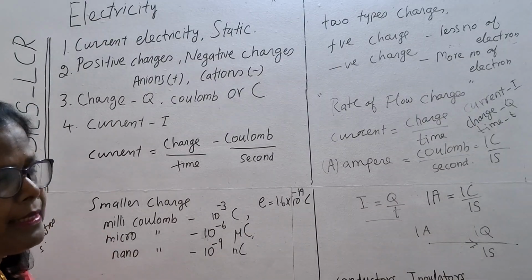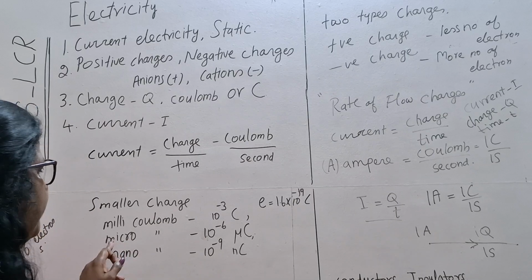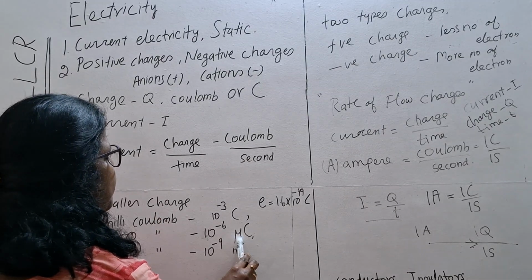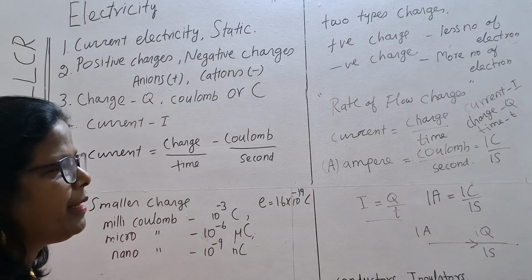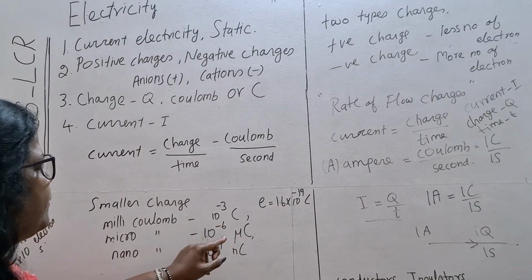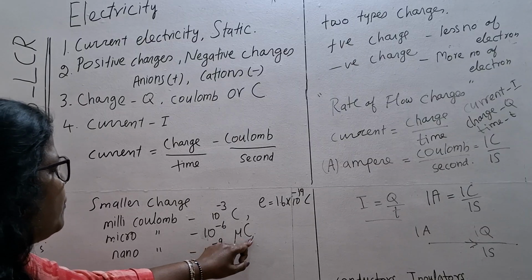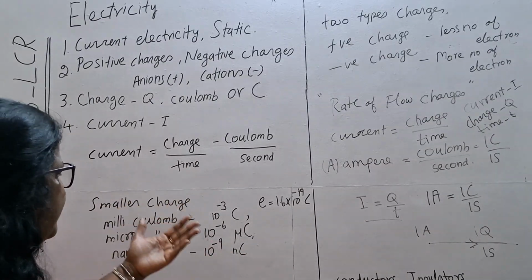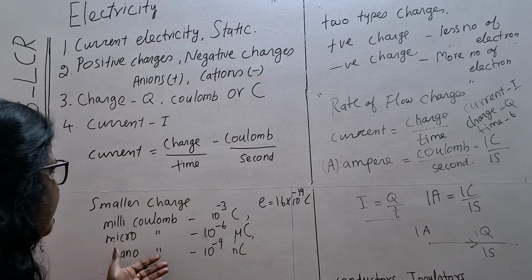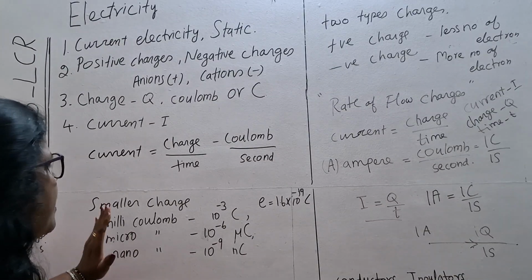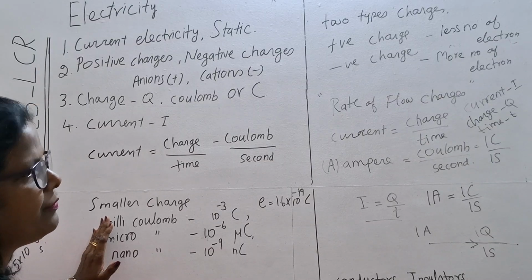This is a Greek letter mu, which is also used in refractive index. Same thing for current also: millicurrent, microcurrent, nanocurrent we can say.